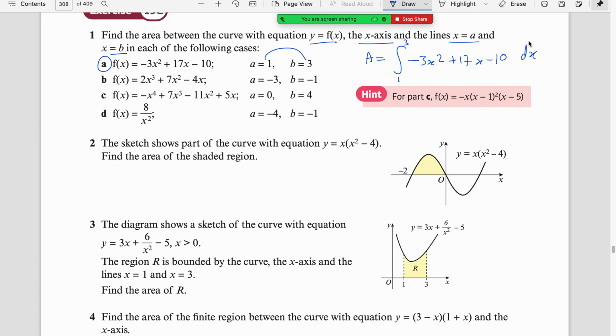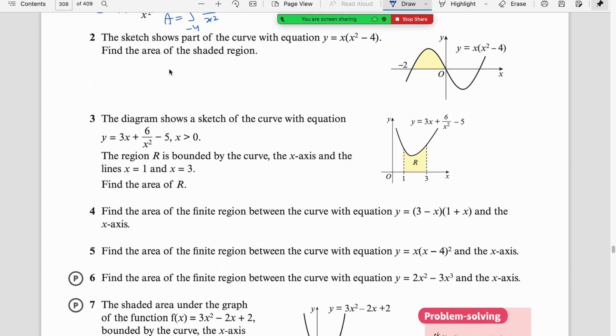That's it. Integrate upper limit minus lower limit. Look at this last part. Area is equal to integral 8 over x square dx from -4 to -1. So what do we do? Integrate upper limit minus lower limit and state the area.